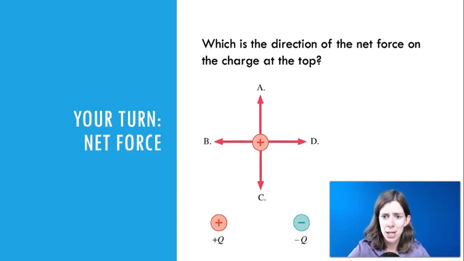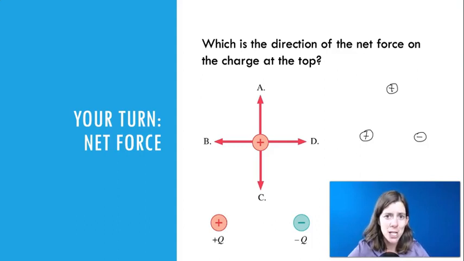So if you want, you can just redraw this picture. Ignore the answer choices for now. So we have a plus and a minus and a plus. And what you're going to do is you're going to draw the forces acting on this top charge due to the other two. So pause the video and try that for a second. And let's go ahead and do it together.